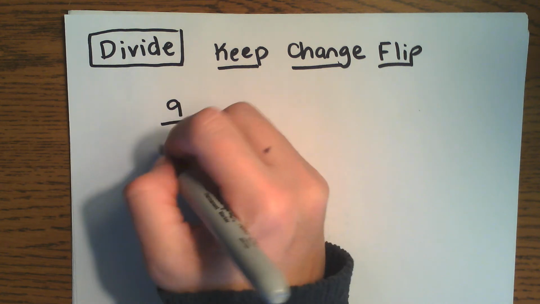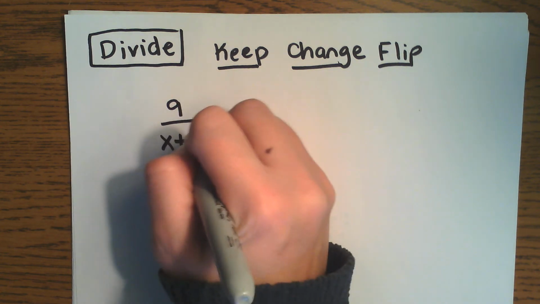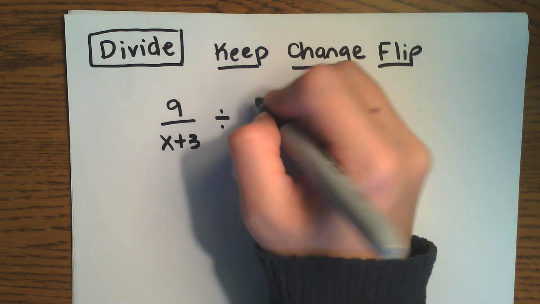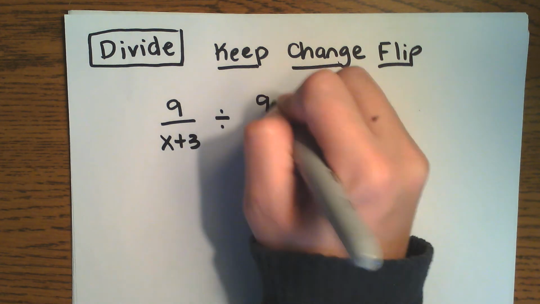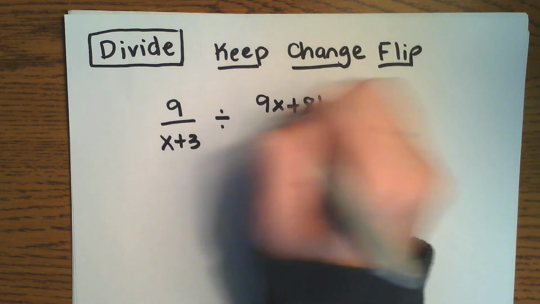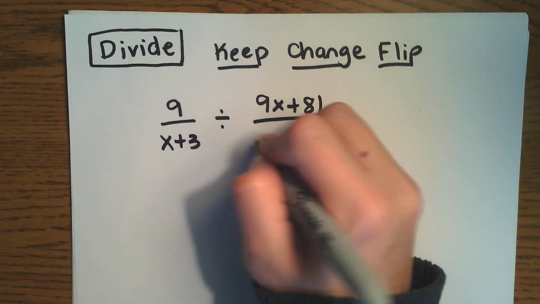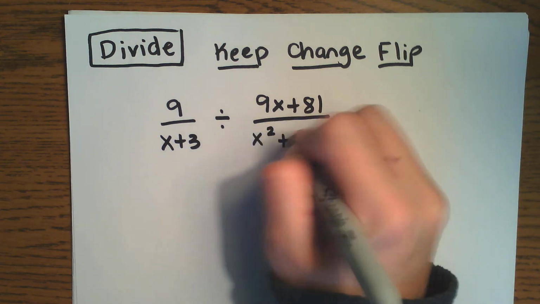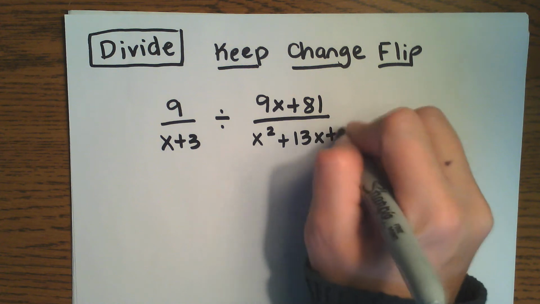Nine over x plus 3 divided by 9x plus 81 over x squared plus 13x plus 36.